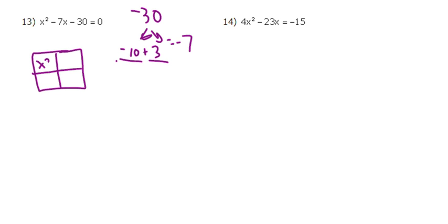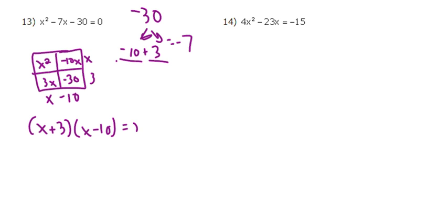I get x squared, negative 10x, 3x, and negative 30. Horizontally, I can take out an x and a 3. Vertically, an x and a negative 10. So I have (x plus 3)(x minus 10) equals 0.